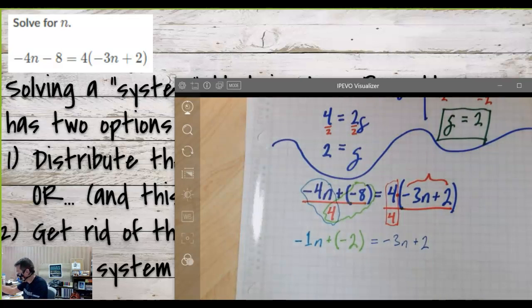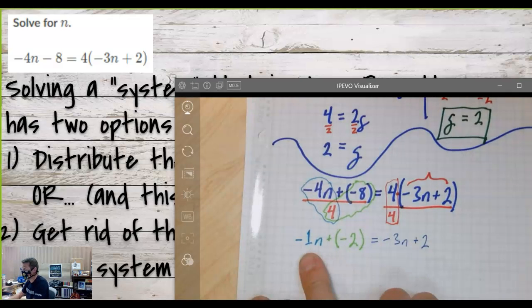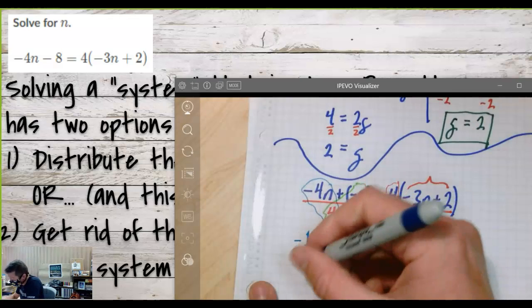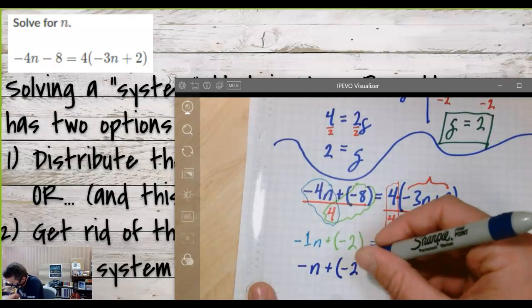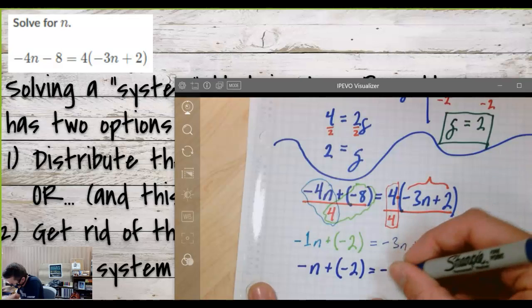Any questions how I got these values on the left side? So, now, I'm going to rewrite it all in the same color. Negative n plus negative 2.